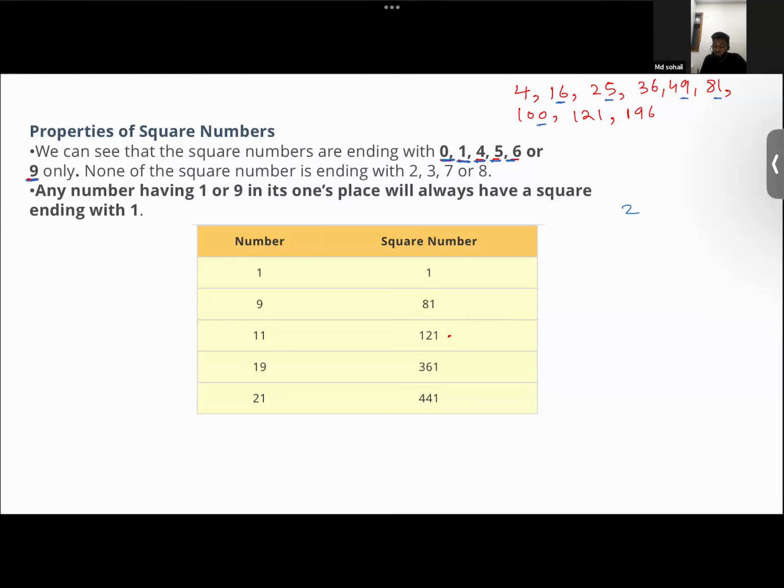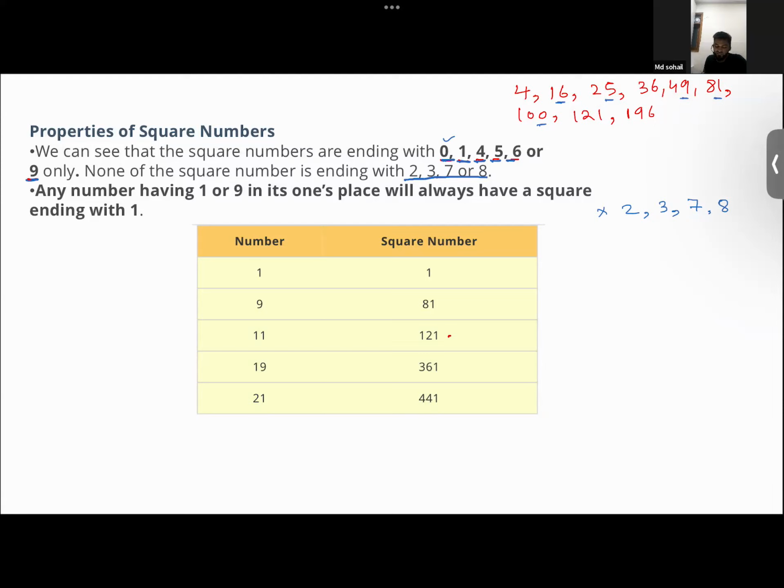Apart from these, the ending digit will be 0, 4, 5, 6, or 9. In fact, no square number ends with 8 either. So remember these things, and while you solve questions, it will automatically be remembered by you.